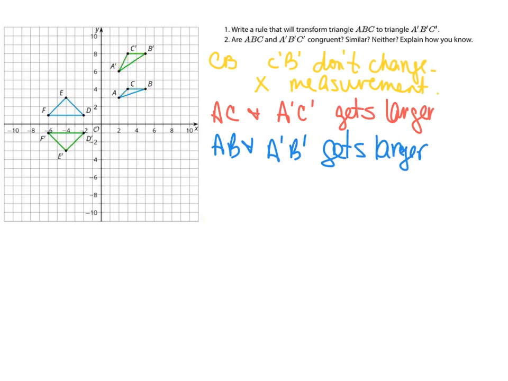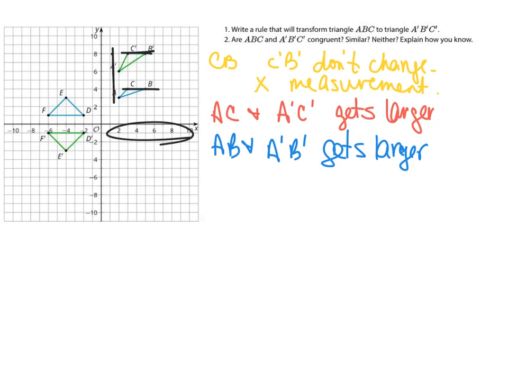So from this point, just gut feel, it looks as though our x values, our x-axis, aren't changing because CB and C prime, B prime are congruent. Okay, they have the same length. They don't change in measurement.